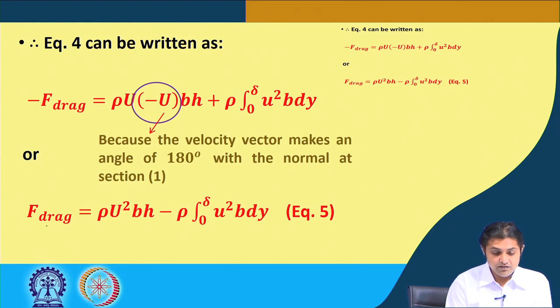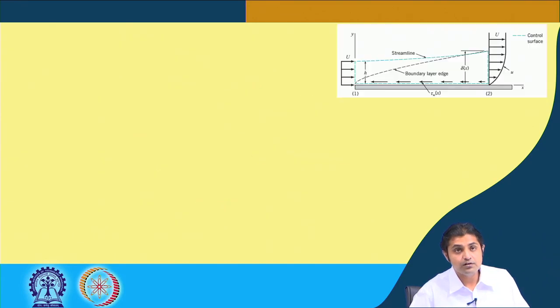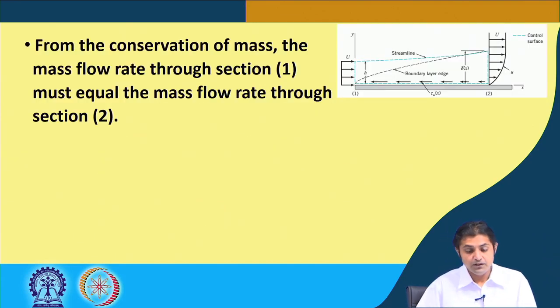Or simply we multiply by minus 1 on both sides, this becomes F drag is equal to rho U square bh minus rho integral 0 to delta u square b dy. This U is capital, this u is small. From the conservation of mass, the mass flow rate through section 1 must equal the mass flow rate through section 2.